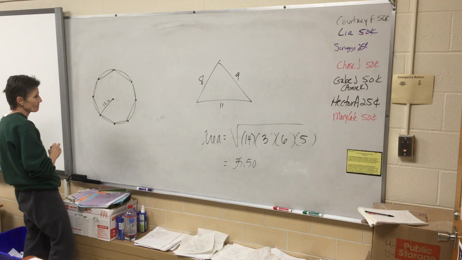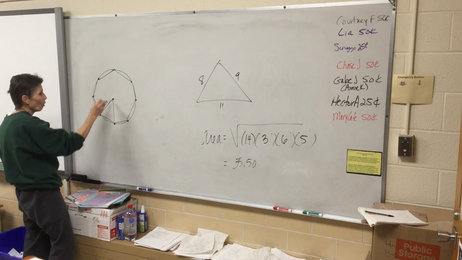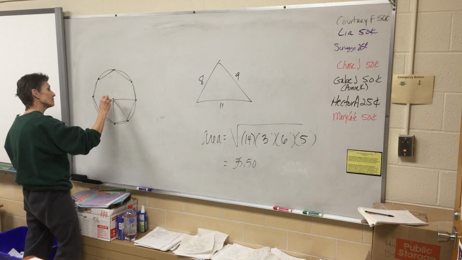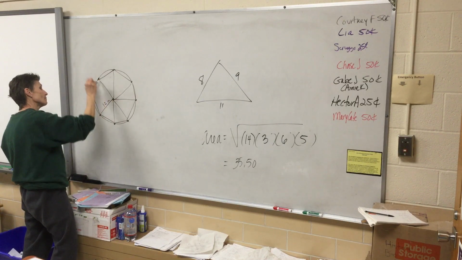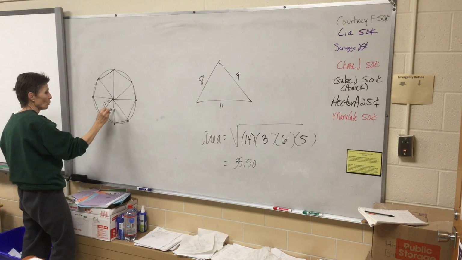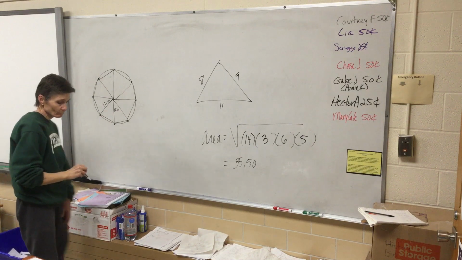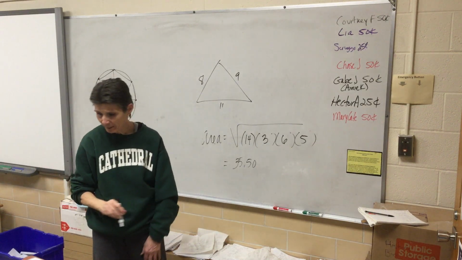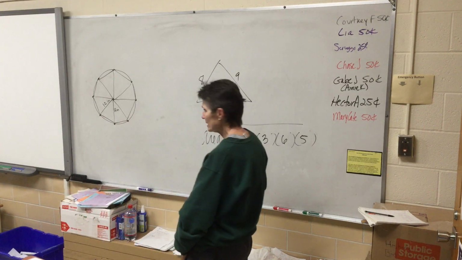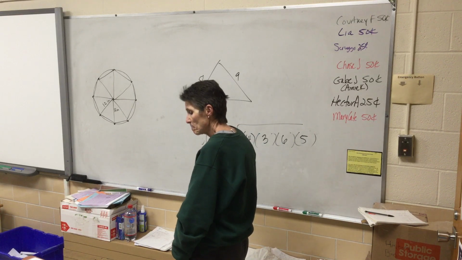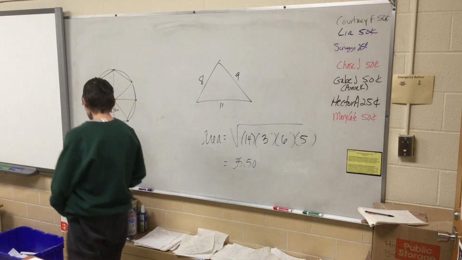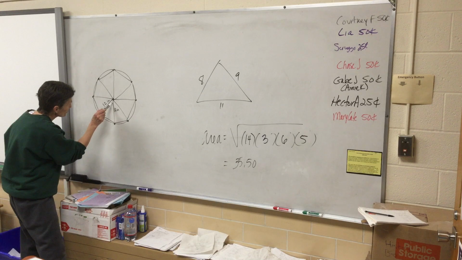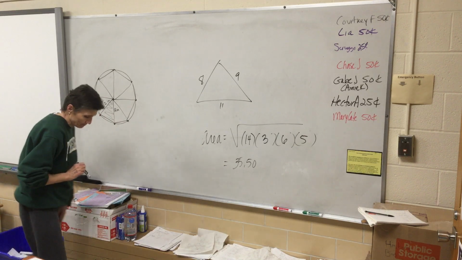That's a radius. And actually, there are a whole bunch of radii. And they're all 12, right? Don't waste time labeling them all. You don't need to. Because basically, we're interested in one of the triangles.